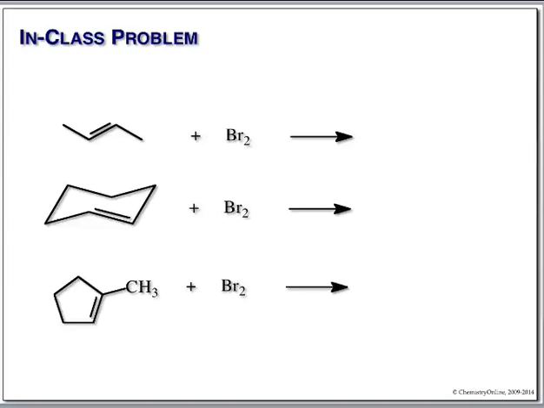We look at this on our paper and we see alkene, Br2. I'm going to form a 1,2-dibromide. That means that each of the alkenes will have a bromine. If there is stereochemistry, they will be trans.